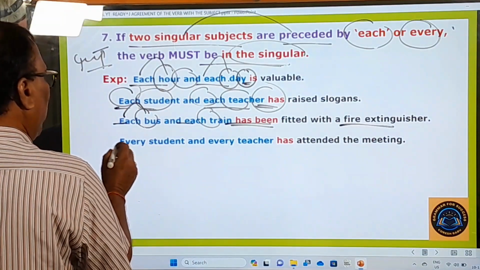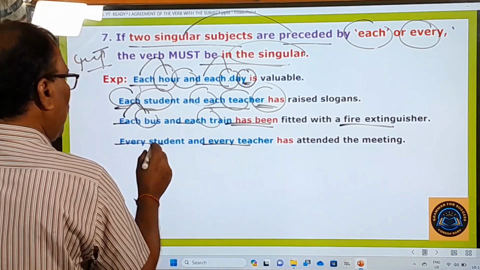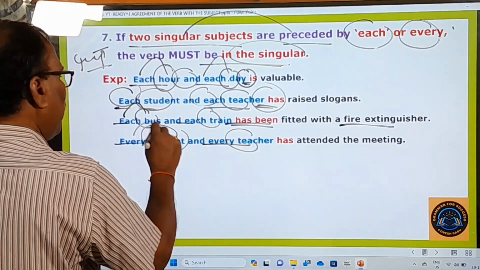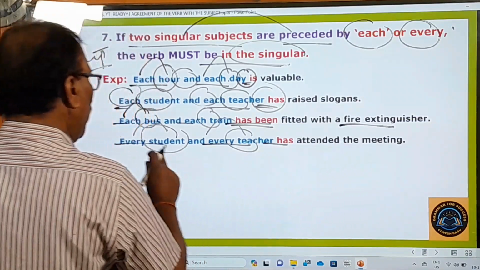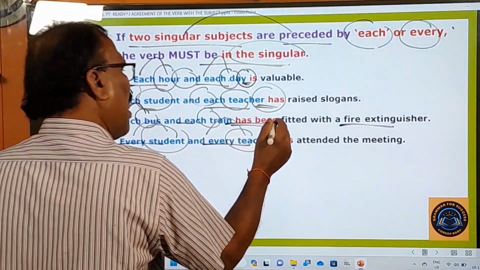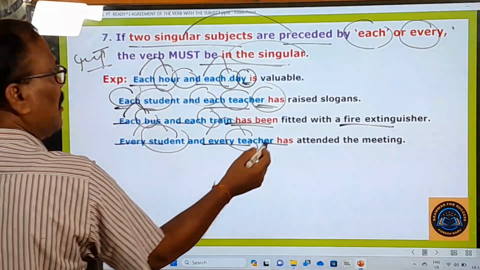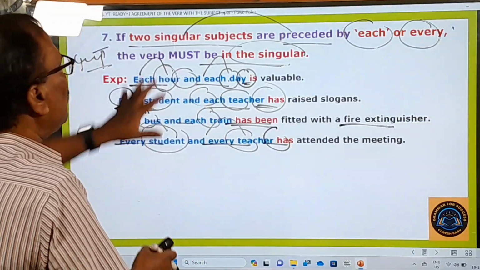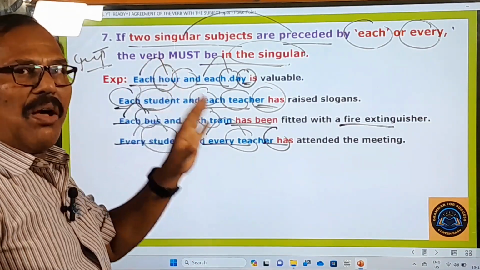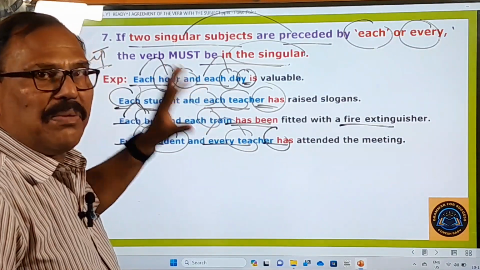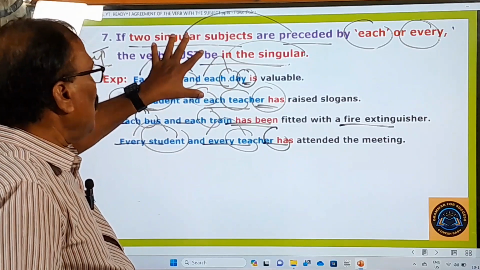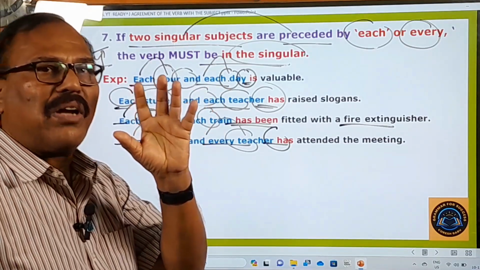Another example with every student, every teacher. So student and teacher, every student, every teacher, has attended the meeting. Don't say every student and every teacher have attended the meeting. Don't say like that. Has, because remember, this rule is very important from the point of view of all your competitive examinations, because definitely questions will be composed on this rule, because they want to confuse you.